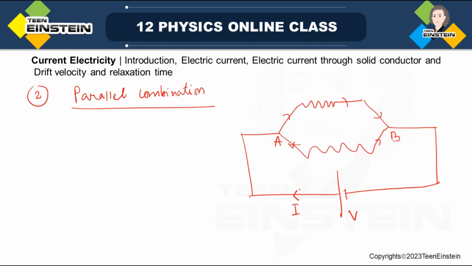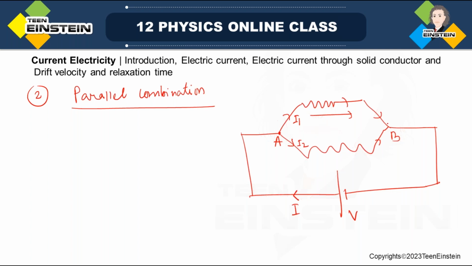We can see after coming to this point A, current is actually getting branched into two, or it has two paths to flow. Let us say this is I1 and this is I2.